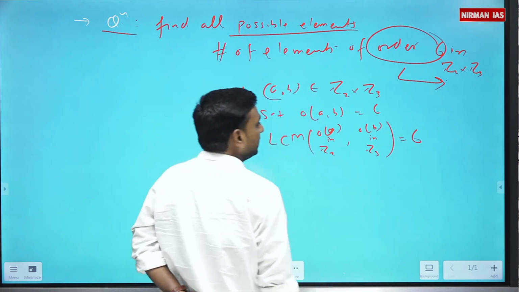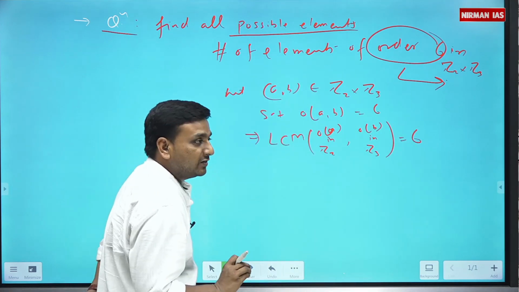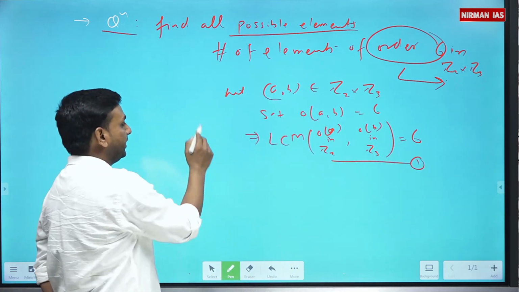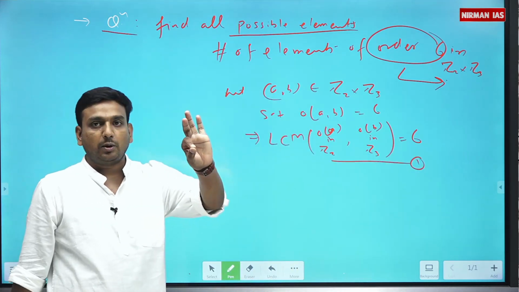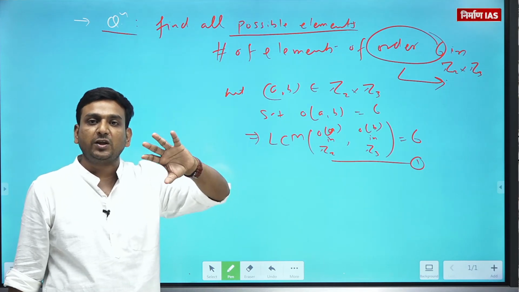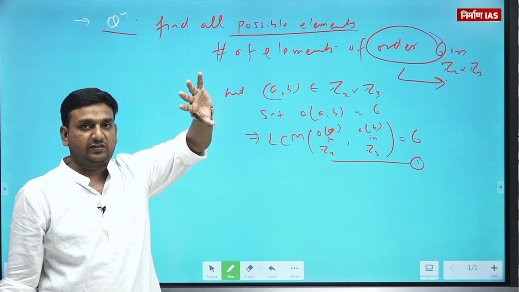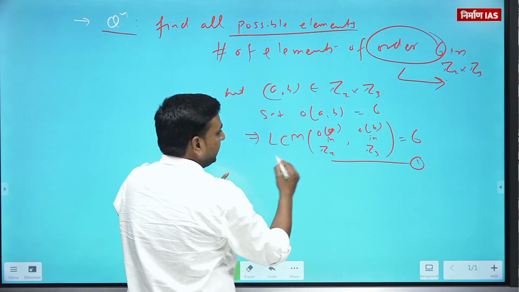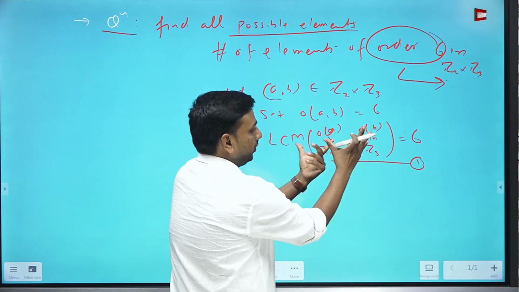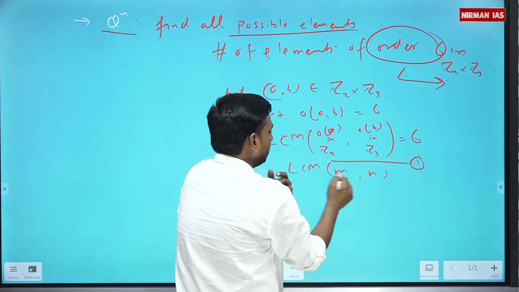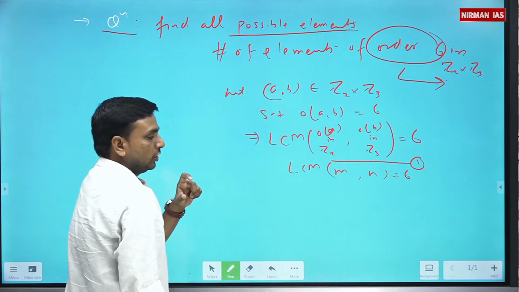It must be 6. So what is the possibility? I am giving you a prototype or a model example from which you can think of n number of examples. So I need the LCM of some m and n to be 6.